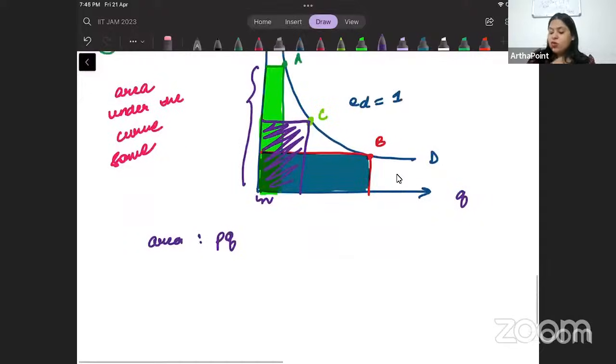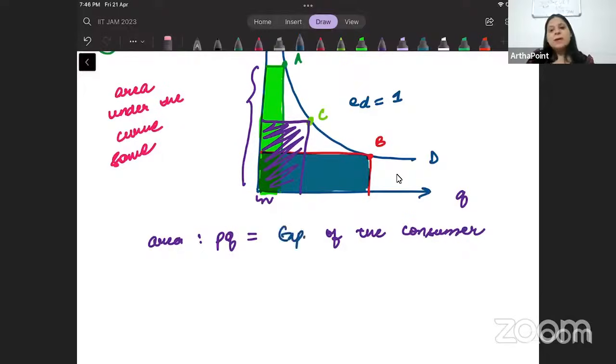And price into quantity is nothing but the revenue of the consumer. How much money the consumer spends, and a better word than revenue would be expenditure of the consumer. So how much the consumer is spending, that is price into quantity. Now I'm saying that expenditure is the same when I measure at A, C and B. The price is different at every point, yet the expenditure is the same.